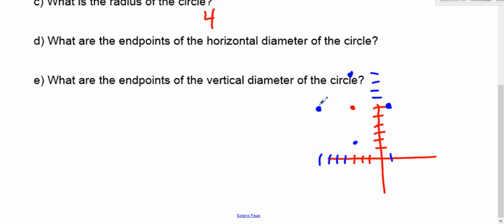The horizontal diameter, here's one of them. That's negative 7. And the height is 6. The other endpoint over here is 1, same height.